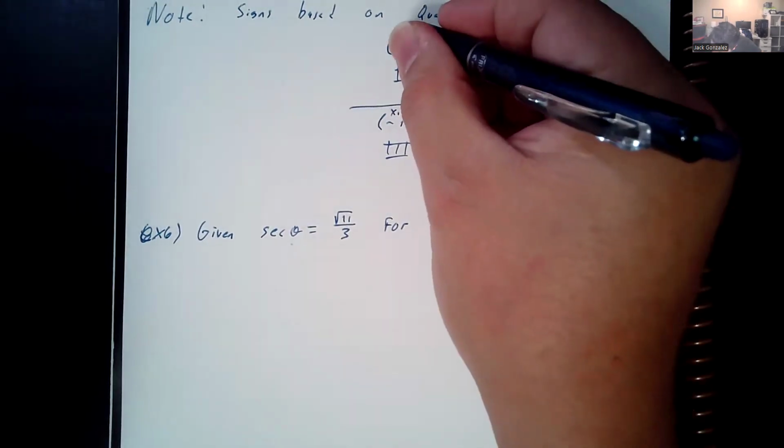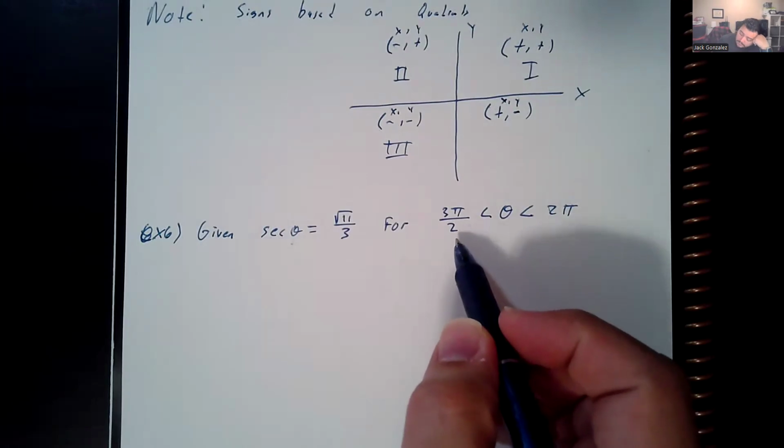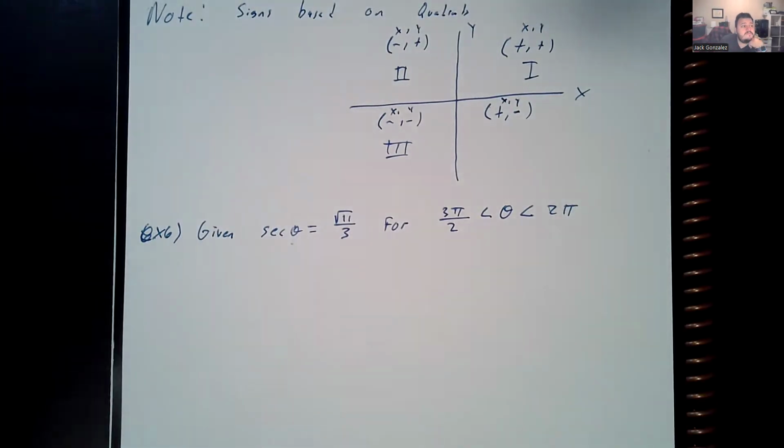Looks like a little owl or something. The coordinates are going to be this sign depending. Now, where is 3 pi over 2 to 2 pi? That's going to be, if you look at your circle, look at your circle.